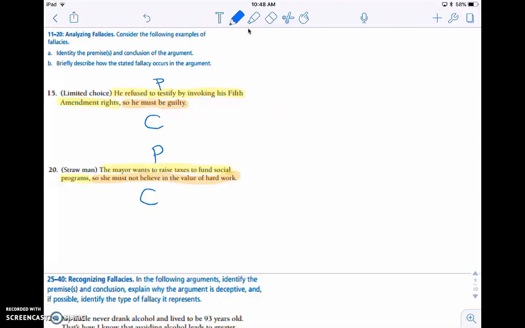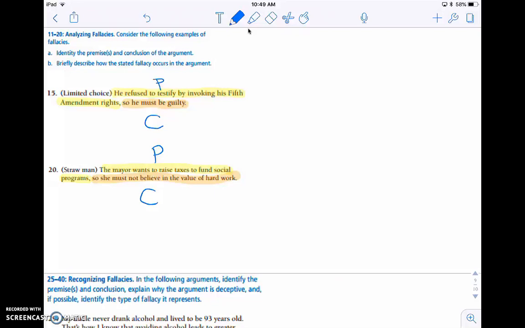Okay, this is the straw man argument. And if you think about it, the mayor has kind of been characterized as lacking a belief in hard work, based off of a completely unrelated issue.